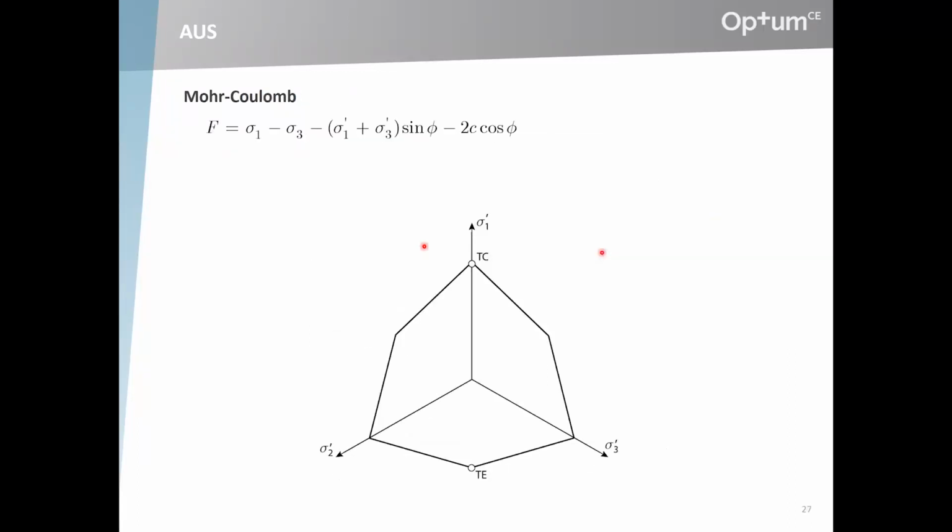Now, if we look at where this effect comes from, that we have different extension and compression strengths, you can think of it as coming from the underlying effective stress behavior. We know that everything to do with strength and deformation of these types of materials has to do with the effective stresses.